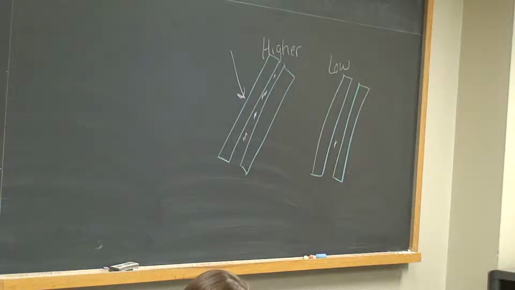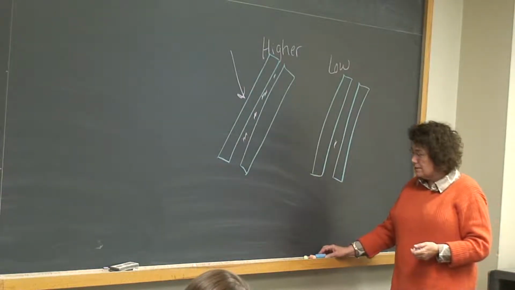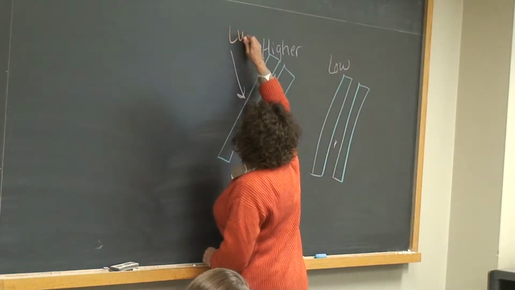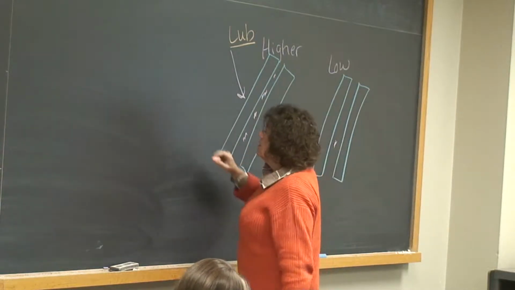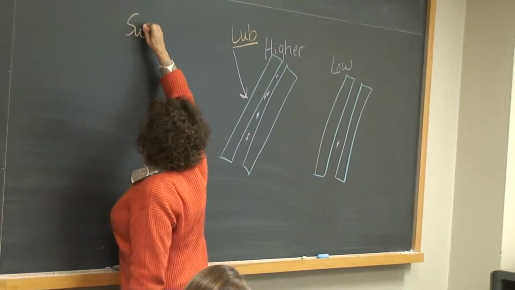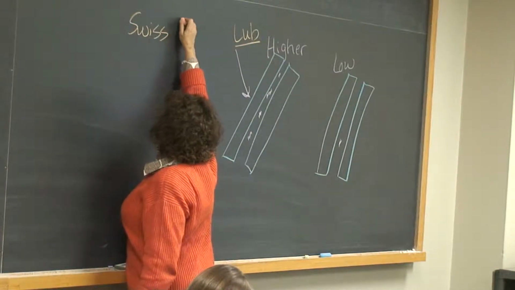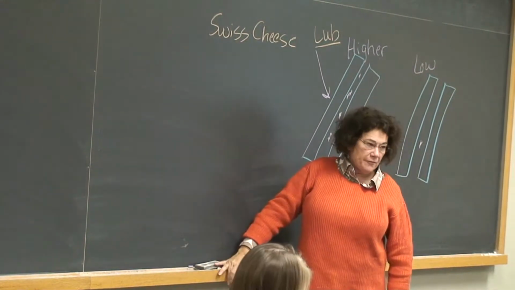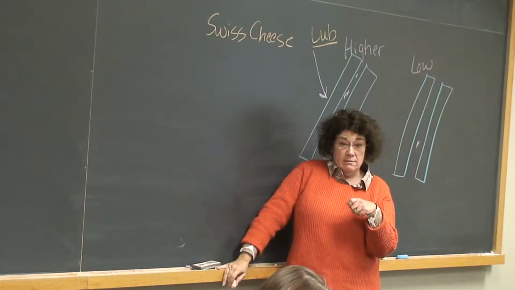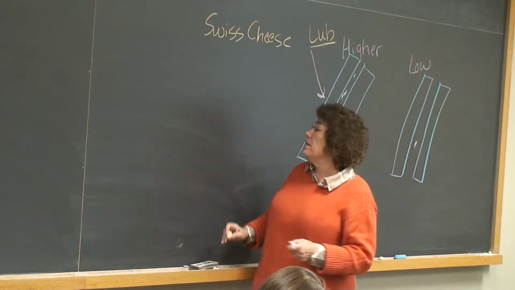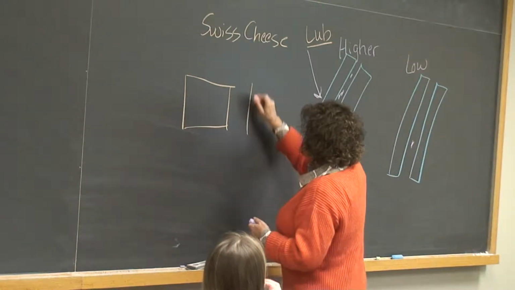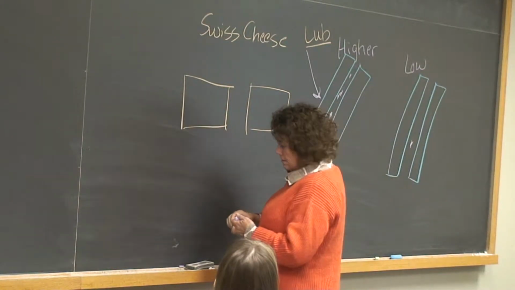The second theory is called the bulk density effect, and I call this the Swiss cheese effect. So this is lubrication, and now we're going to talk about Swiss cheese. Lipid is softer than lean. And so if you look at a piece of Swiss cheese early on in its manufacture, it's solid.